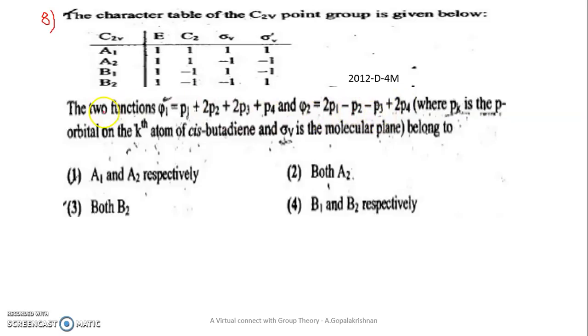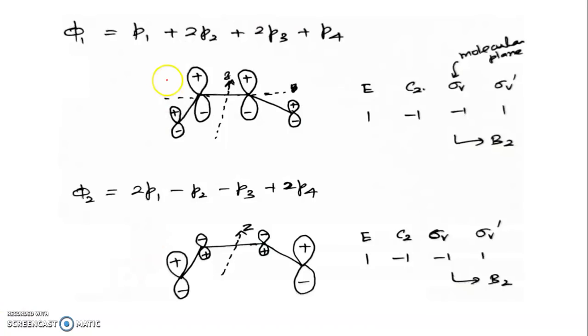Now the question is, the two functions Phi1 and Phi2 belong to which irreducible representation in the C2v point group? How to analyze this? See the function Phi1, which is given as P1 plus 2P2 plus 2P3 plus P4.